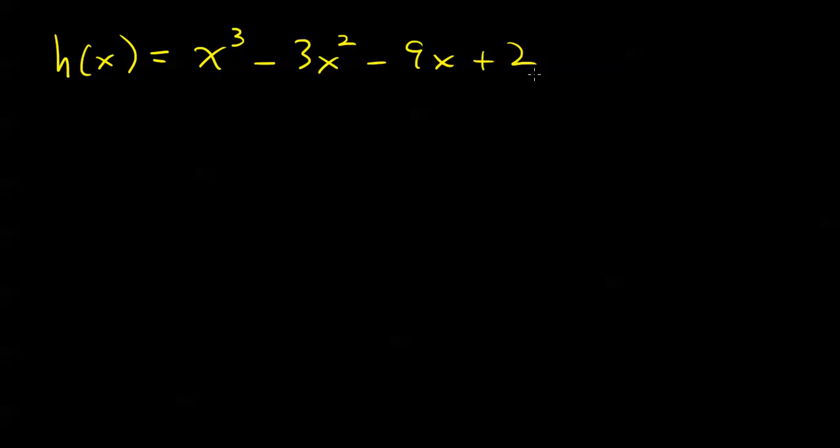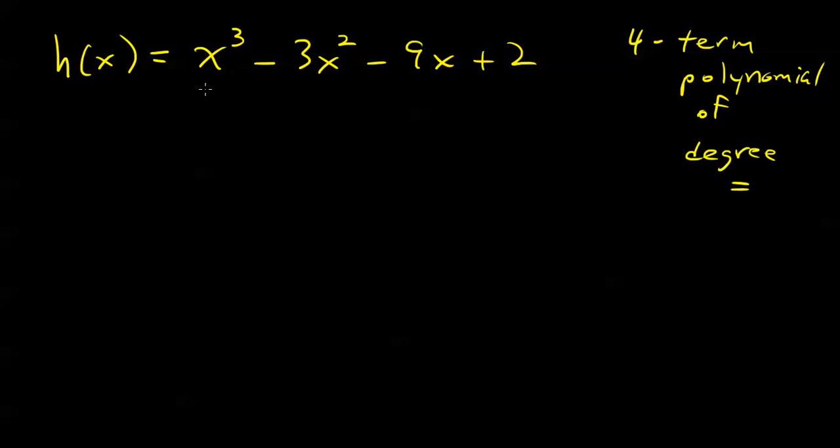Now, binomials are sums of 2 monomials, trinomials are sums of 3 monomials. When I go beyond 3, basically I cite the number of terms. I don't call them quadromials or anything like that. I'll call this a 4-term polynomial of degree, well, you tell me. Degree what? Well, the highest degree monomial this polynomial contains is degree 3. So I claim that is the degree of the polynomial. Okay?